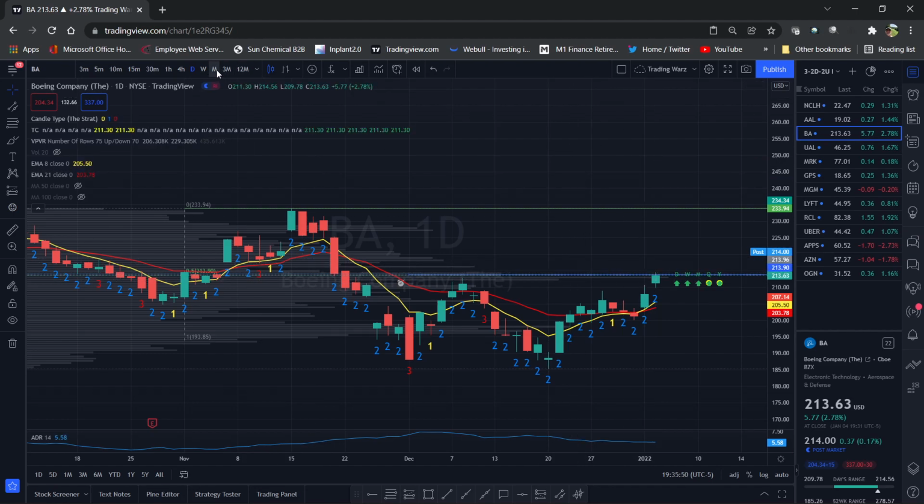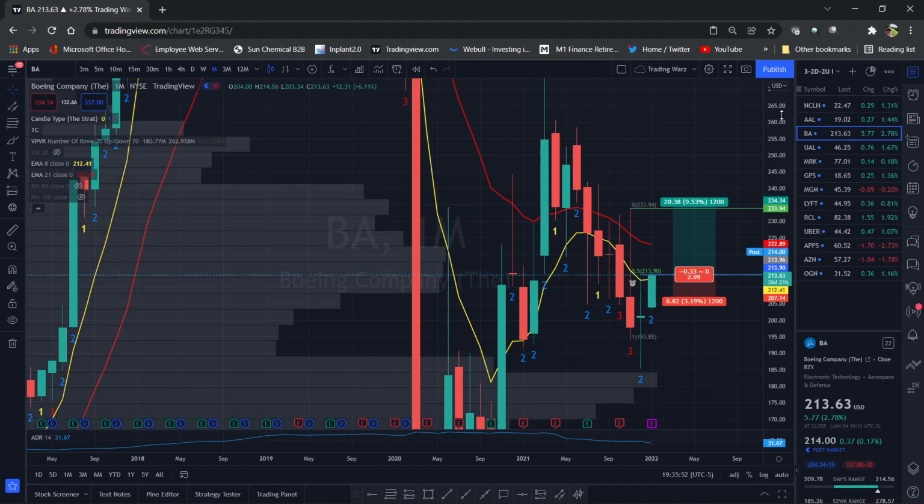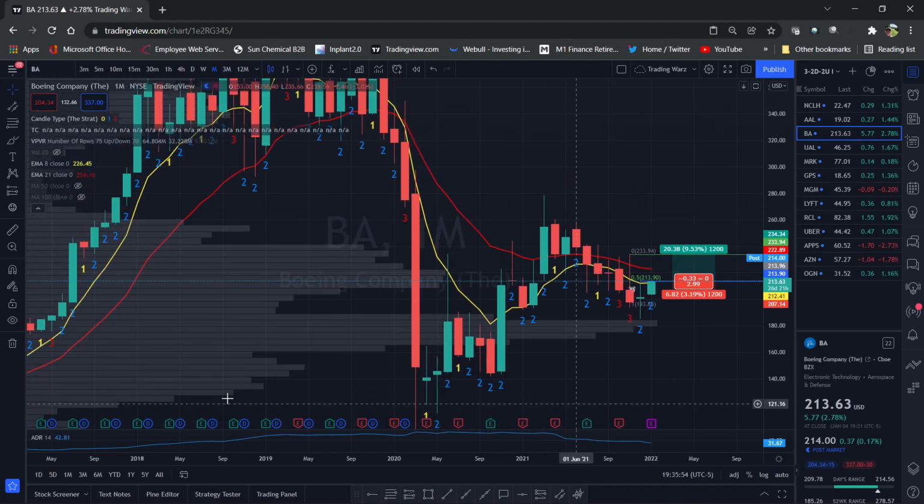Glad you mentioned that because I forgot another indicator that I use. If you look down here, this ADR, this is the average daily range indicator. It's 14, so it averages the last 14 candles, depending on which time frame you're on. So if I'm on the monthly, it's averaging the last 14 candles.